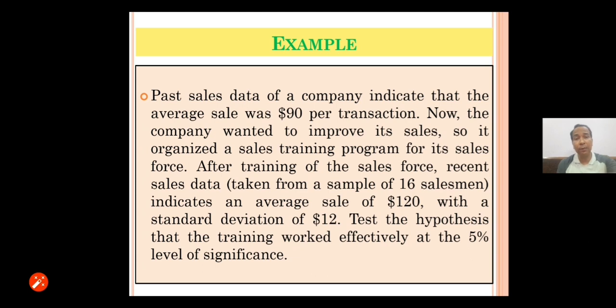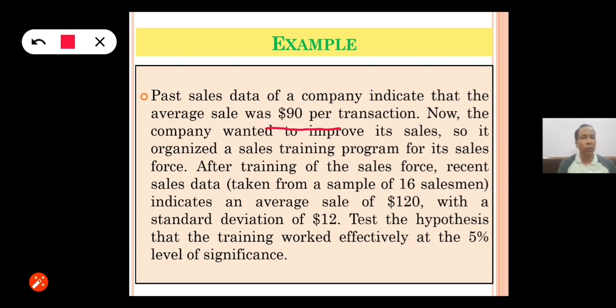Let's see, learners, what values are given in this problem. Now, let's see the problem again. Past sales data of a company indicate that the average sales was 90 per transaction. This is a record, so that becomes the population mean. So $90 is the population mean.